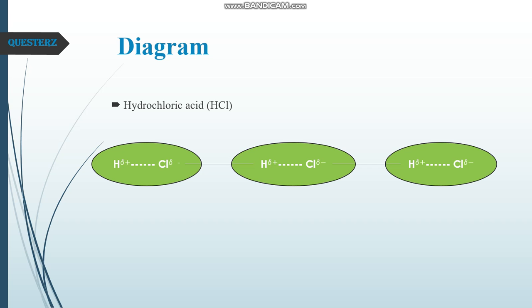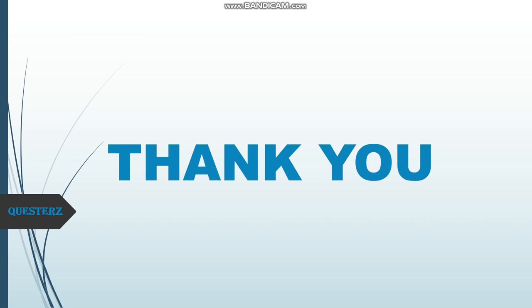That will be known as dipole-dipole interaction. So the force of attraction is created due to the oppositely charged ends of the two molecules. Negative comes towards positive, while positive comes towards negative ends. Thank you very much.